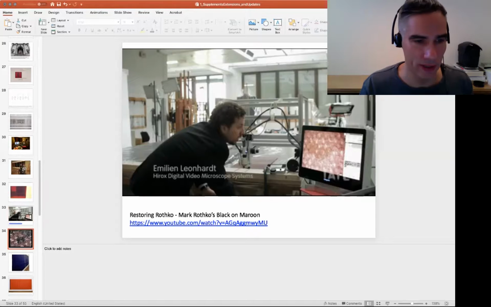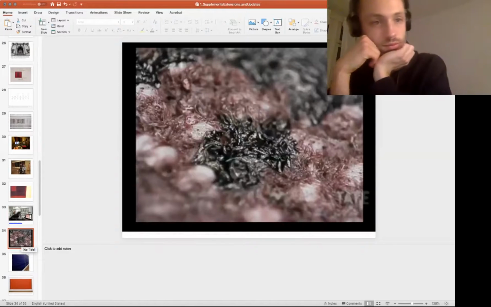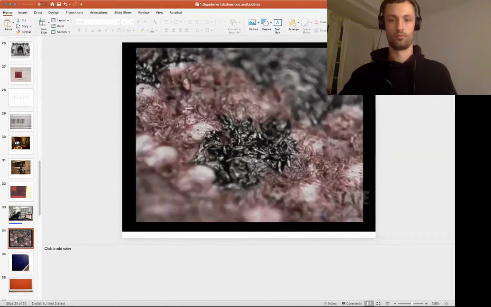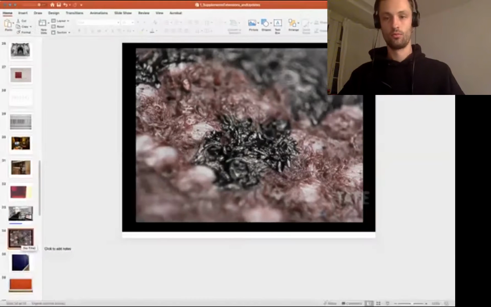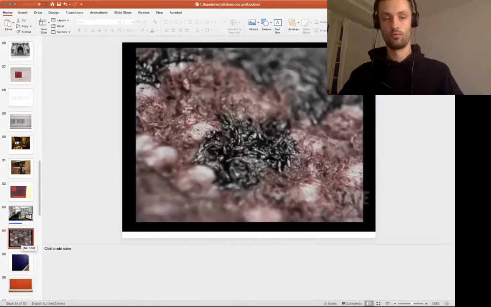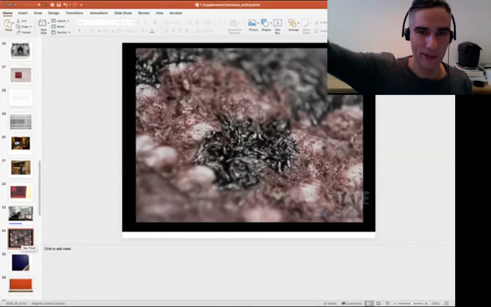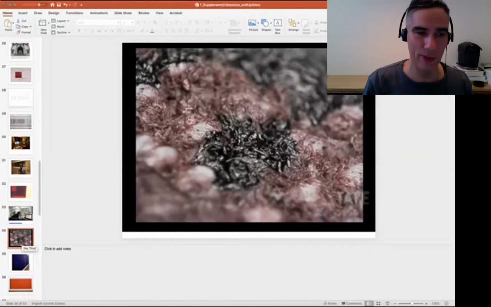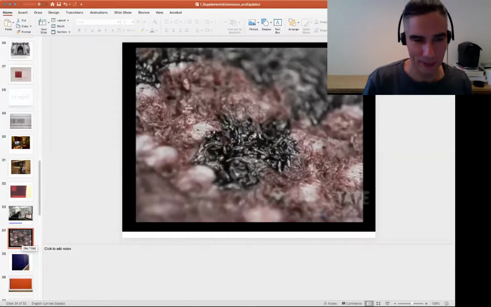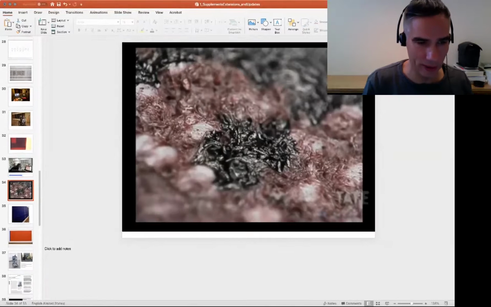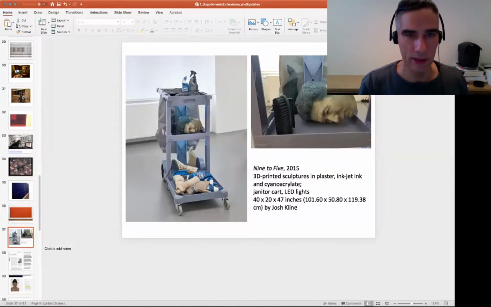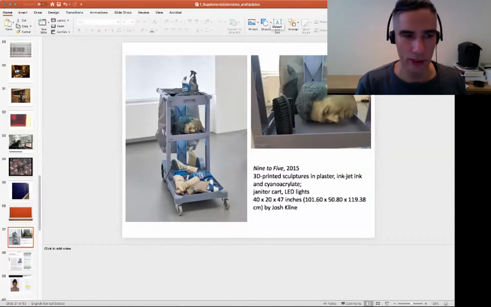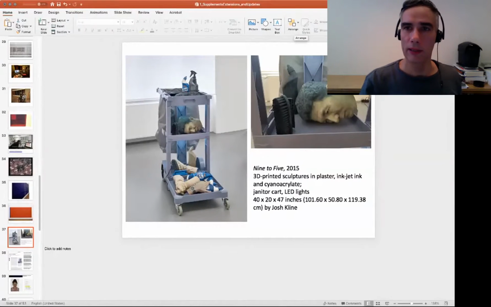That was done by the conservators at the Tate, and they used a lot of optical technology, and it took over a year and a half to extract the ink and then touch it up to get it to be like the original again. So you can look that up if you'd like.